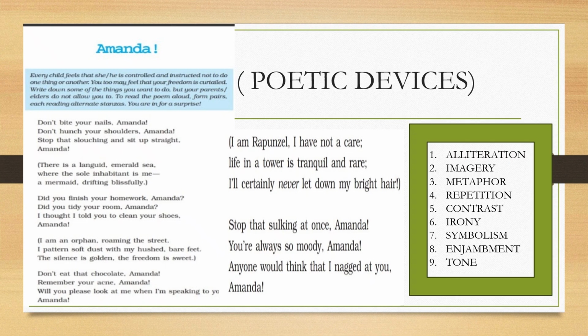In this poem, we have 9 poetic devices. I'm going to explain them one by one. You can go to the description for the definitions of these poetic devices. Okay, the first poetic device is alliteration.